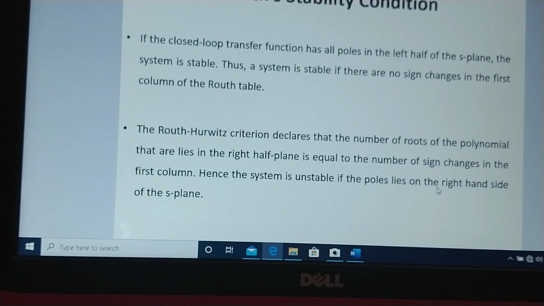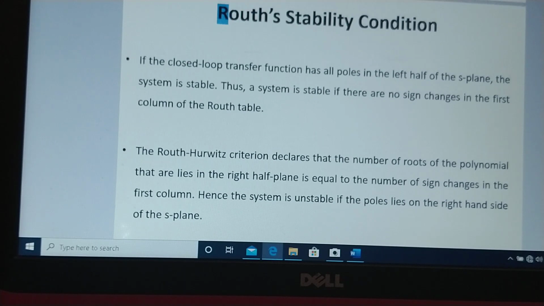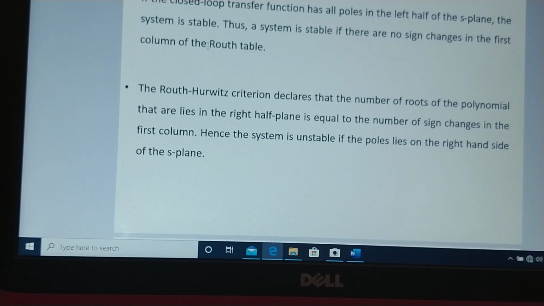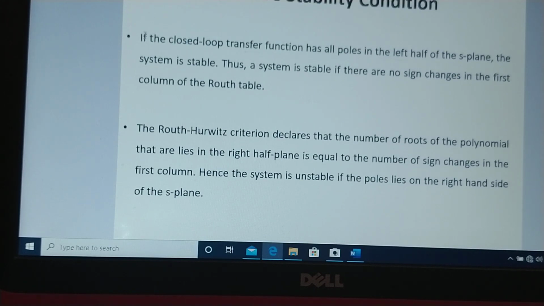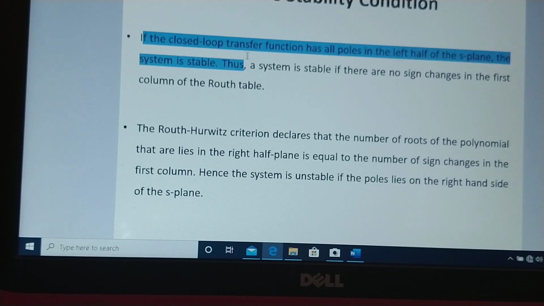So we will see now what is Routh's stability condition. If the closed loop transfer function has all poles in the left half of the S plane, the system is stable. Hence, in that case, there are no sign changes in the first column.